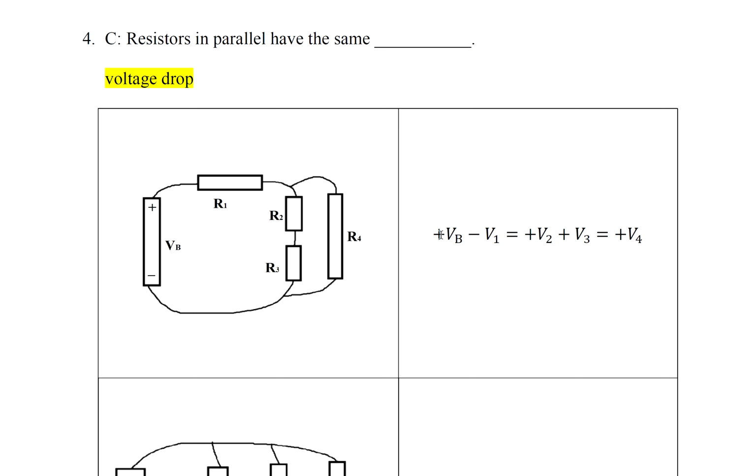So you can see they all have the same voltage drop here. V_B minus V1 equals V2 plus V3 equals V4, because the battery gives us a plus voltage and the resistors give us a minus voltage.